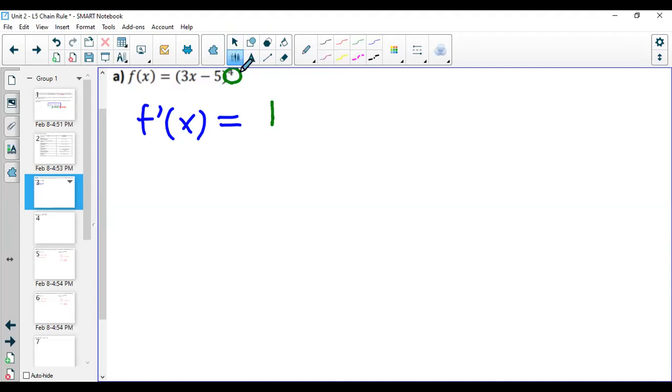4, bring it in front of the function. Now I have 3x minus 5. I'm going to take the original power of 4 and subtract 1 from it. Now that's all you know how to do right now.